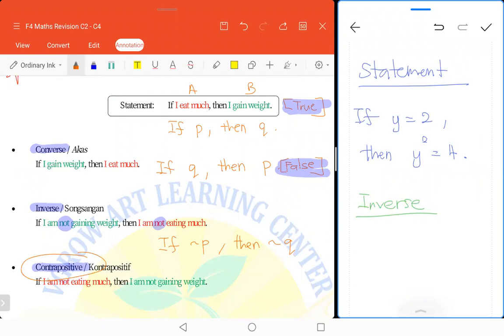Not. How? Or you don't have the symbol, right? Then you just type in the words, are not equal to.